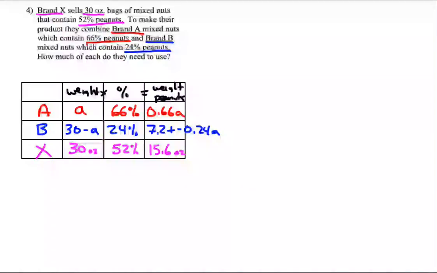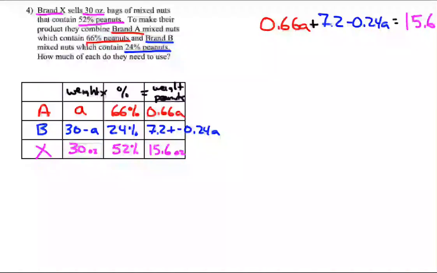So now we can create an equation because we know that the weight of peanuts for A, which is 0.66A, if we add that to our weight of peanuts for B, which is 7.2 minus 0.24A, when we add that all together, that's going to equal the amount of peanuts we want, which is 15.6.